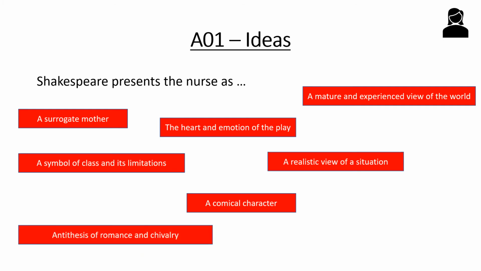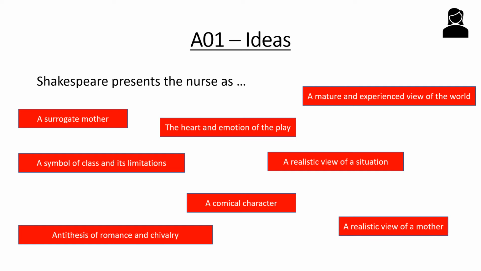She's also the antithesis. Now, antithesis means kind of the opposite. So whereas Juliet represents this idea of romantic love and chivalry and having a man come in to rescue and save you, the nurse represents the opposite, a kind of basic practical love that we've got about the basics. But also the nurse presents an idea of what a mother should be.